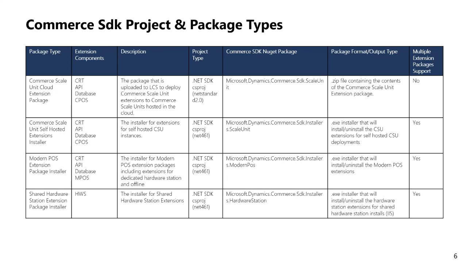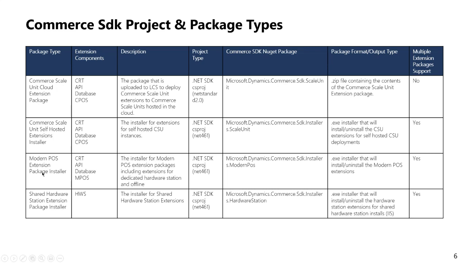Say your ISV can give you a self-hosted CSU package, and as a customer partner, you would have created another installer. So multiple extension installers can be independently installed. You don't have to merge them. You install the out-of-the-box core installer, then add all additional extensions, and any number of extensions can be installed separately. So you don't have to merge any packages. This supports multiple extension packages.